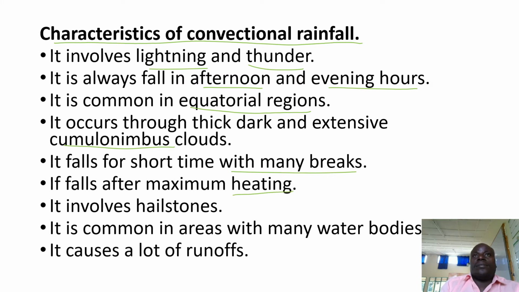Heating. Because maximum heating makes evaporation and transpiration processes mature. It involves hailstones. It is common in areas with many water bodies and it causes a lot of runoffs. Very clear.